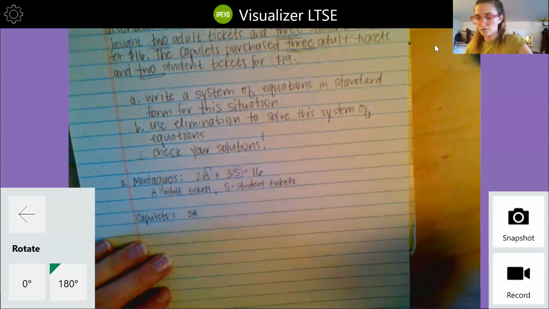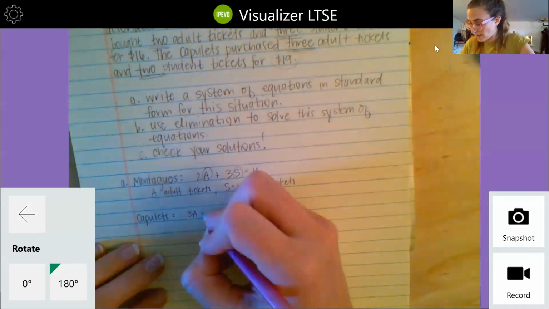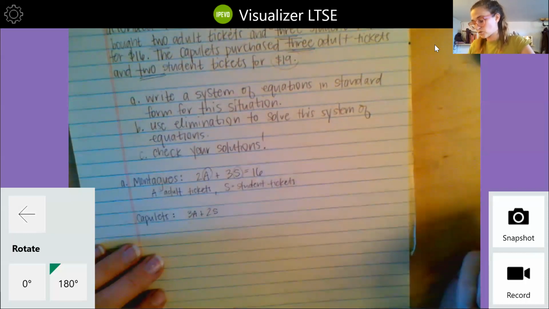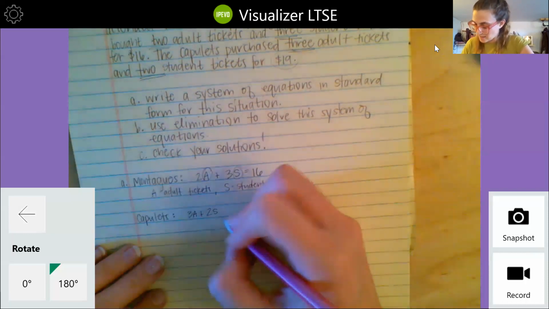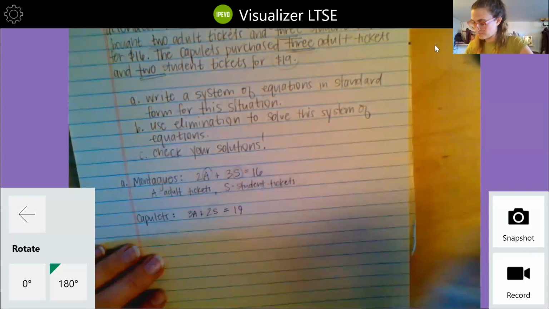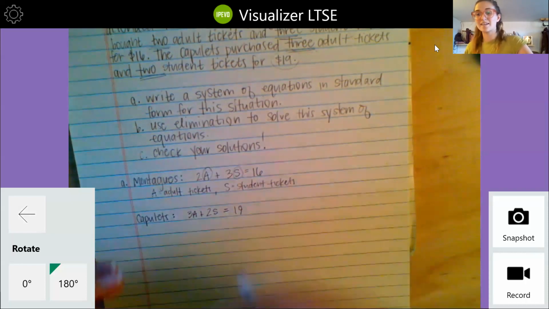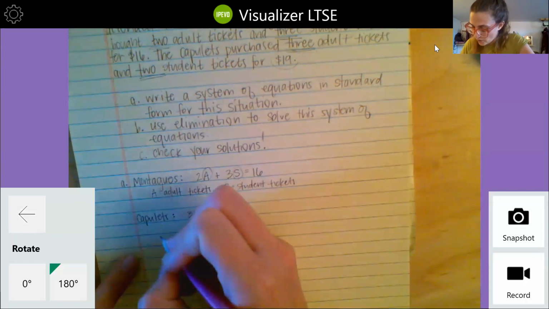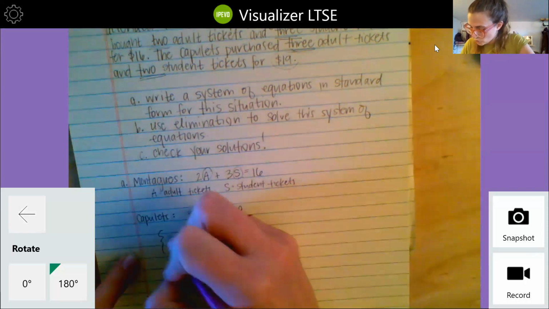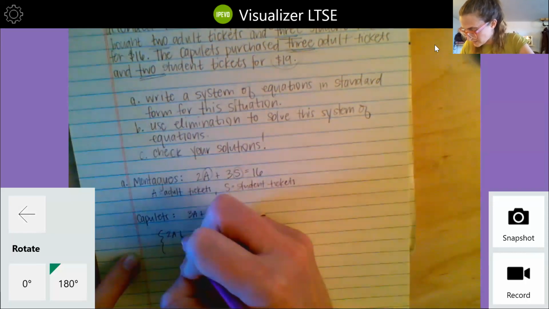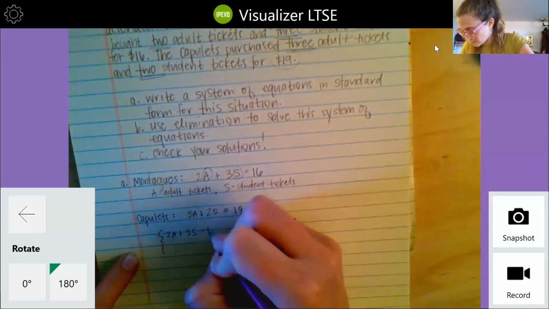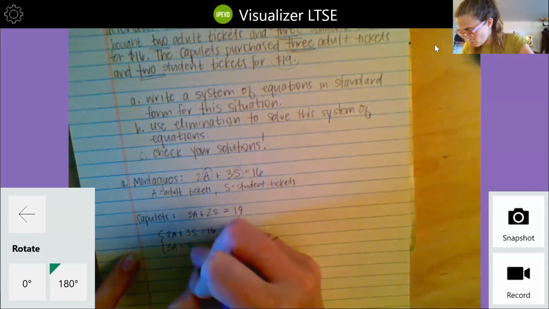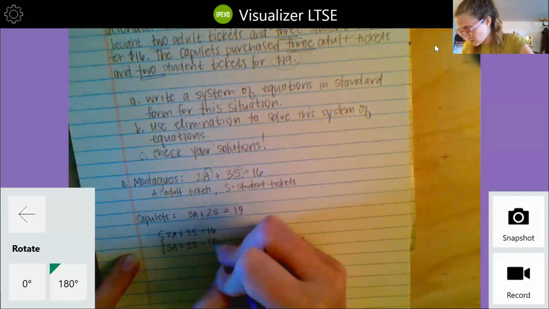So it's going to be 3A plus 2 times the cost of a student ticket, so 2S, and that equals 19. Therefore, my system of equations, the 2 equations working together here, are 2A plus 3S equals 16, and 3A plus 2S equals 19.